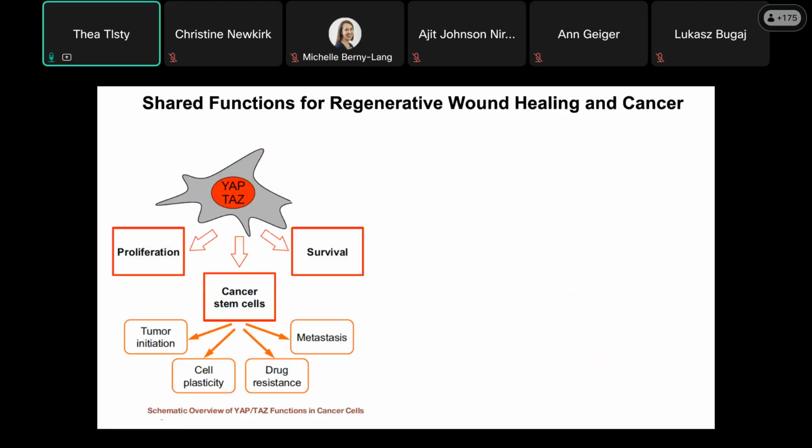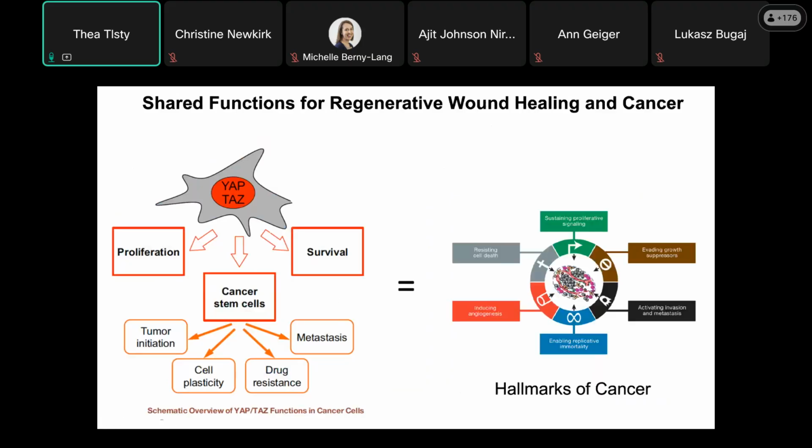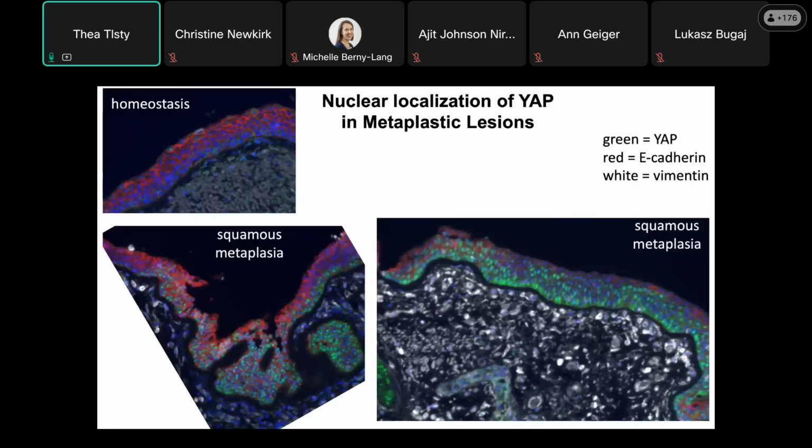And what I want you to note is that YAP-TAZ turns on all of these things that are needed by cancer stem cells to make a cancer, and actually it turns on all of the hallmarks of cancer. So this regenerative wound healing program turns on everything that a cell needs for getting to metaplasia. And I'm showing you this quick picture.